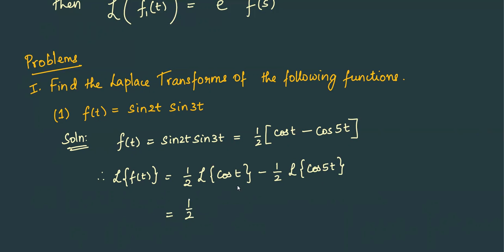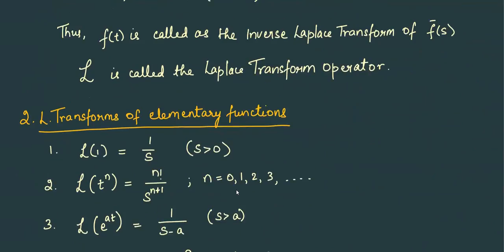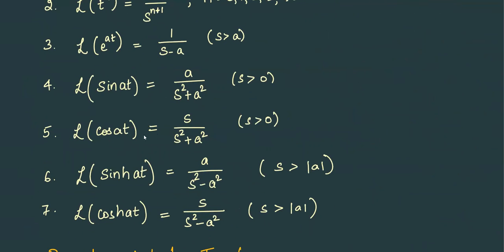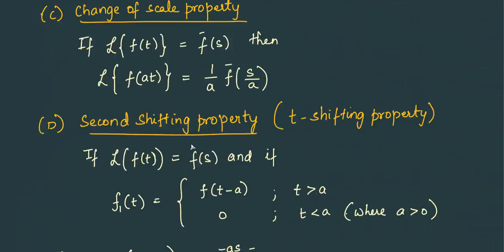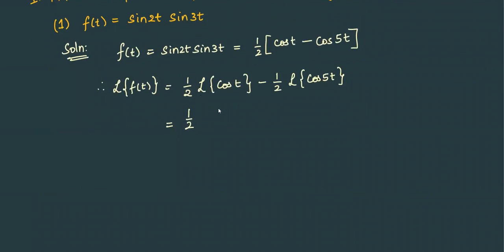Now, cos at is s upon s square plus a square. So a here is 1 in the first case, and we get s upon s square plus 1 square minus half s upon s square plus 5 square, that is 25.